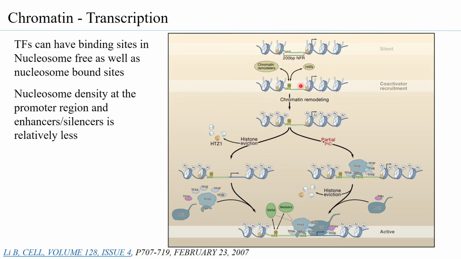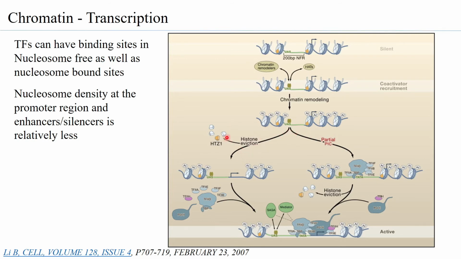So at this point, what can happen is that chromatin remodelers and histone acetyltransferases do come in, and when they come in as co-activators, they're basically acetylating the nearby nucleosomes. And we all know that when histones are acetylated, the winding of the DNA around the nucleosomes becomes lesser. Also, the acetylated histones can be evicted.